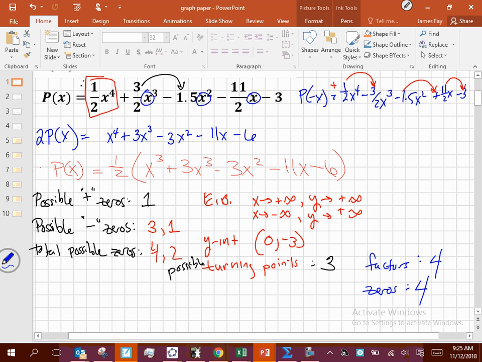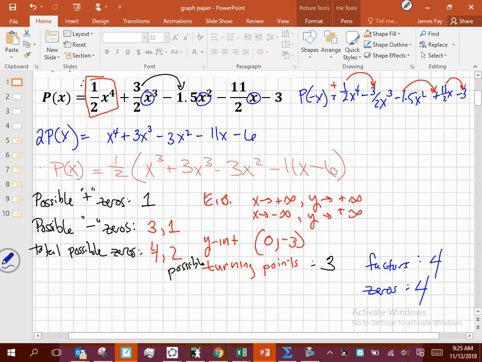Does that make sense? I might have a multiplicity of something. If you count those multiplicities, then you will always have as many factors and as many zeros as your leading degree. Is that all right with everybody? Those are all questions that we need to ask ourselves every single time we see one of these polynomials. The hope is that we can do that quickly, though.